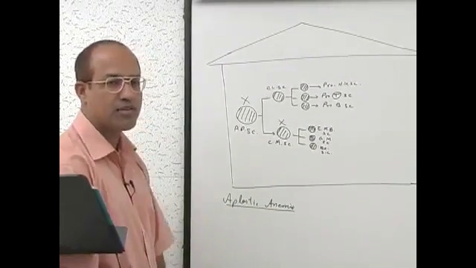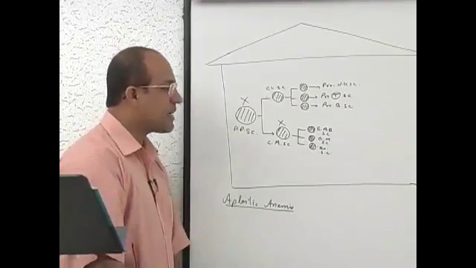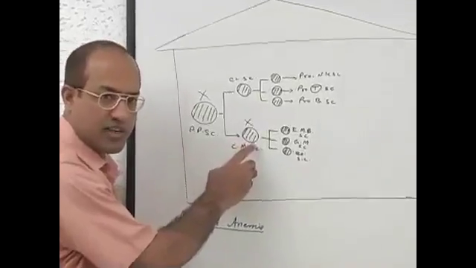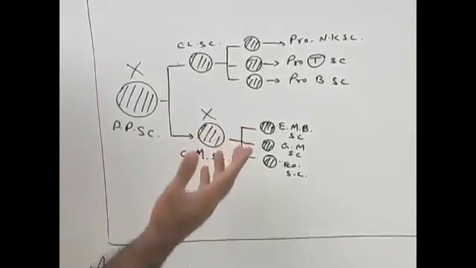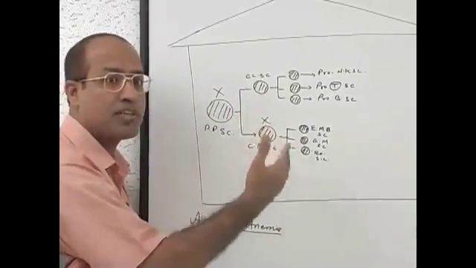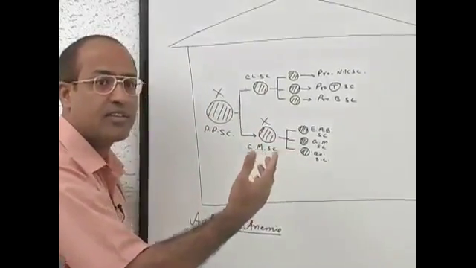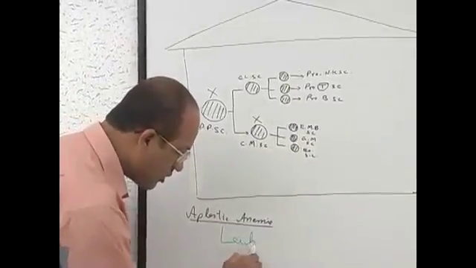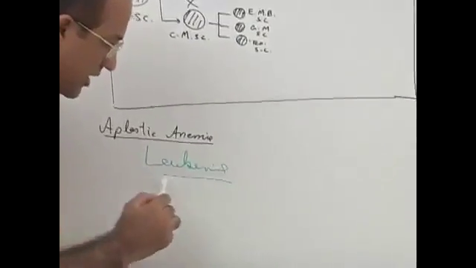Another type of stem cell dysfunction is that sometimes these stem cells start proliferating inappropriately, with excessive proliferation. You can say there's a neoplastic change in these stem cells, and this condition is called leukemias. How do we define leukemia?